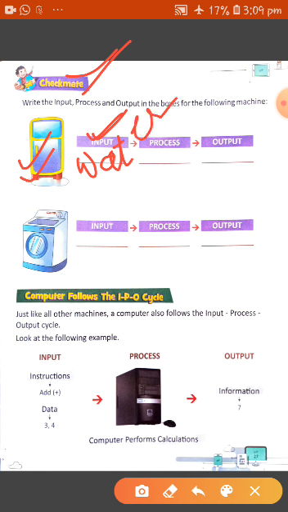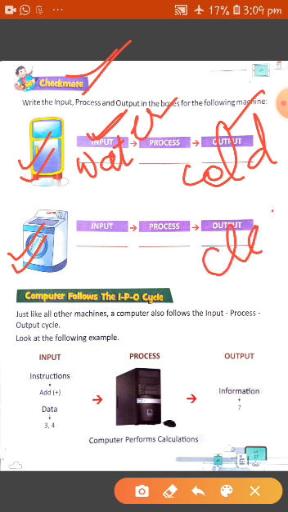Process is freezing of water. And output is cold water. Now, what is this? This is a washing machine. Input is dirty clothes. Process is washing of clothes. And output is clean clothes.